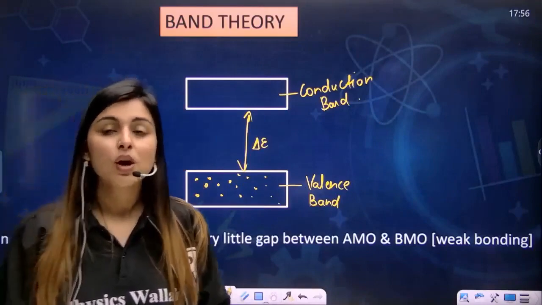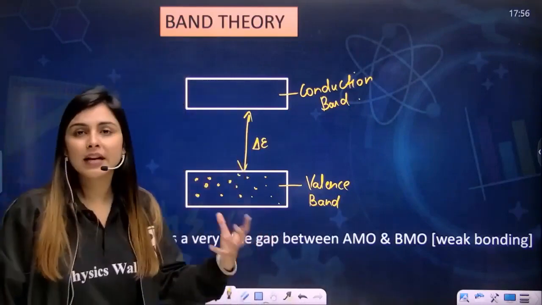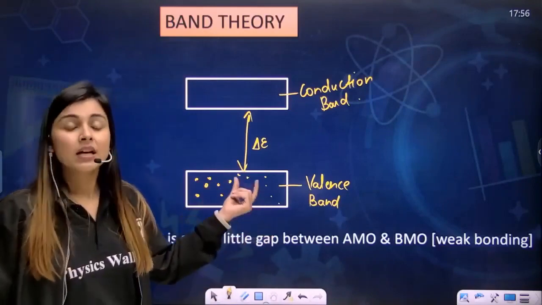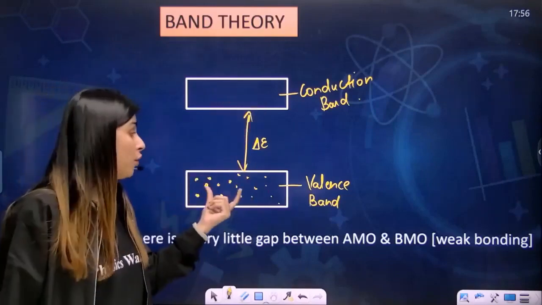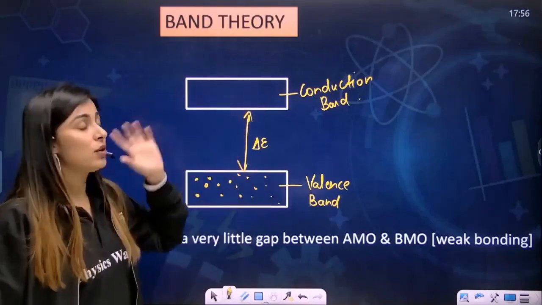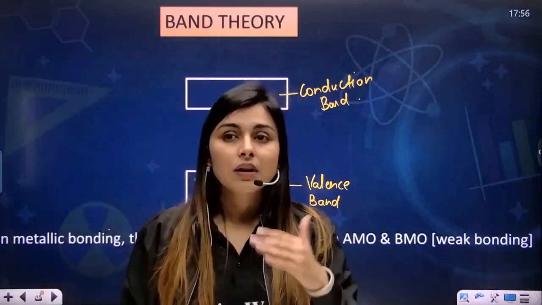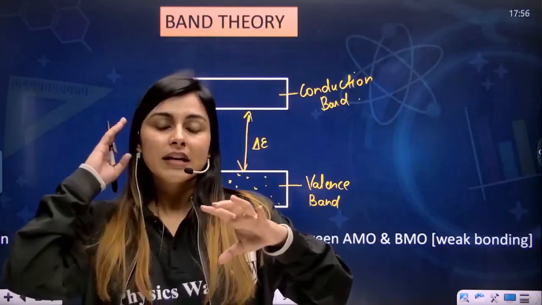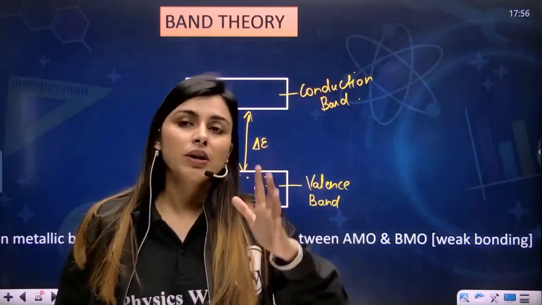Now what band theory says is that if in a solid, few of the valence band electrons can go to the conduction band, it will behave as a good conductor. If few of the electrons from the valence band have the capability to go into the conduction band, then it will be a good conductor.